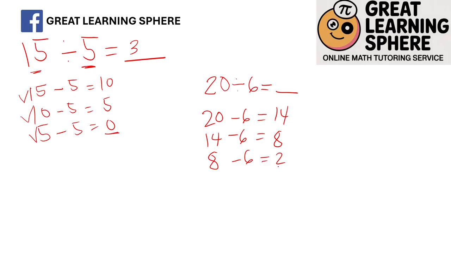And now 2 is smaller than 6, so we cannot subtract 6 from 2 anymore. We'll stop there. Count how many times we subtracted 6 from 20: 1, 2, 3. So the answer is 3, and then there is a remainder of 2. So that is 3 remainder 2.